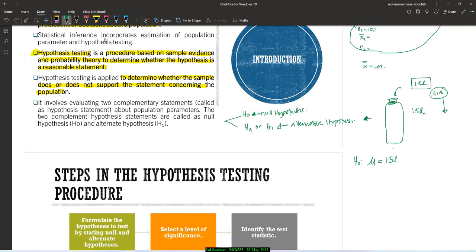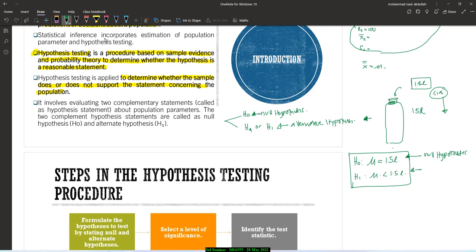So this is the standard procedure. So the customer claim that the water in the bottle is less than 1.5 liter. So ini by default, this is what we call null hypothesis.